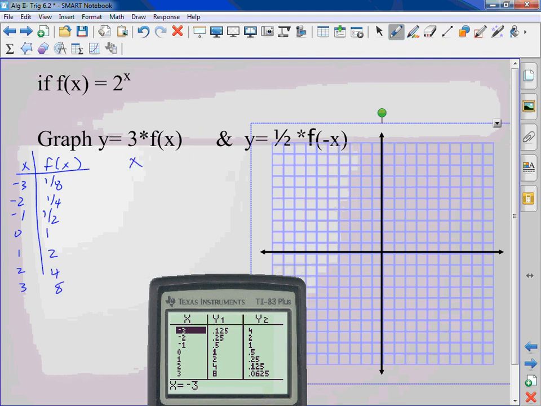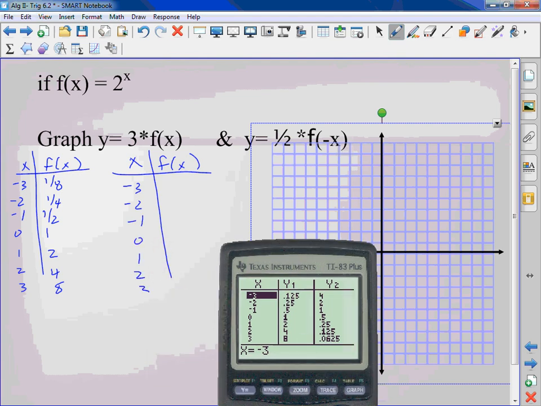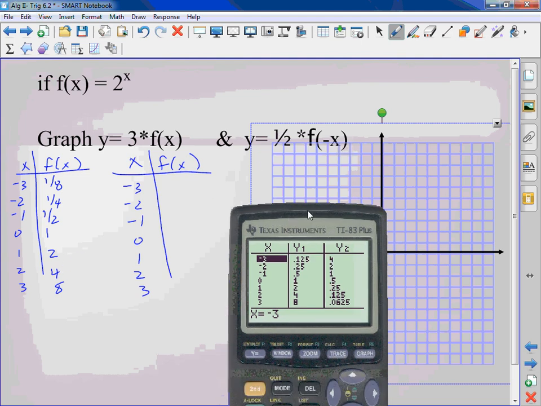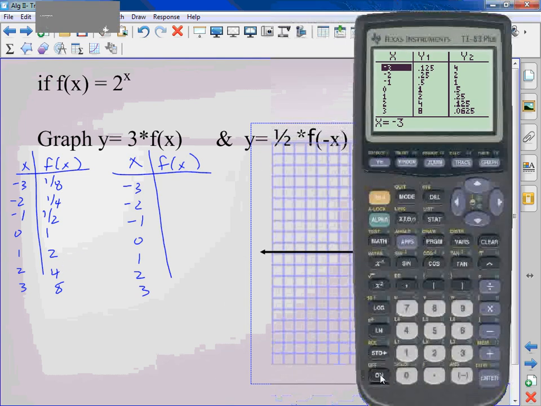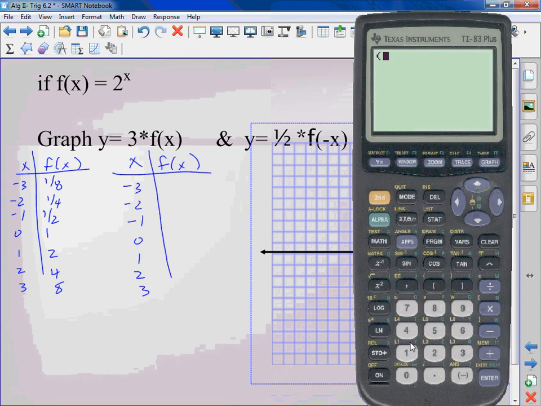For the second one: -3, -2, -1, 0, 1, 2, 3. What this means is I am taking 1/2 times f of negative x.